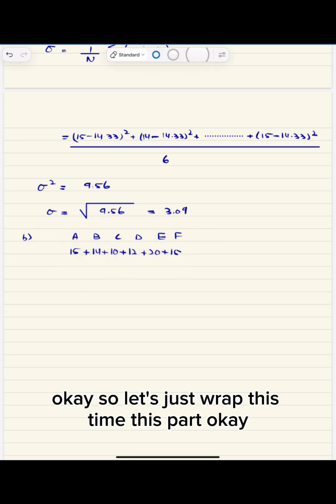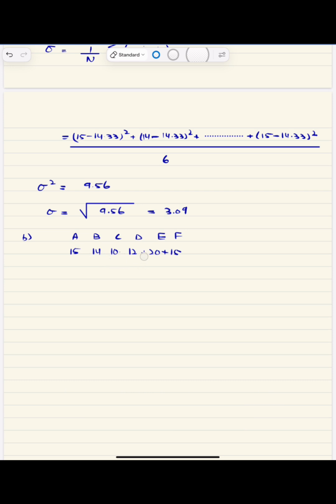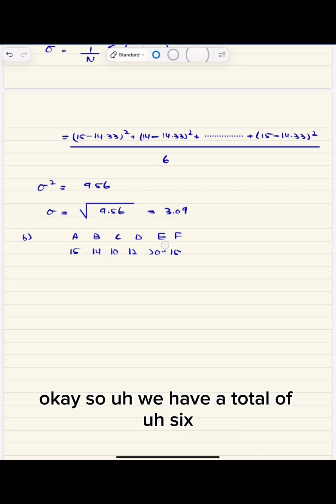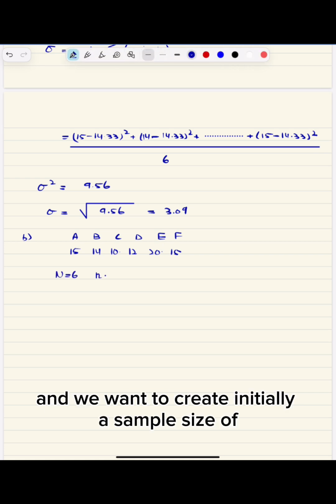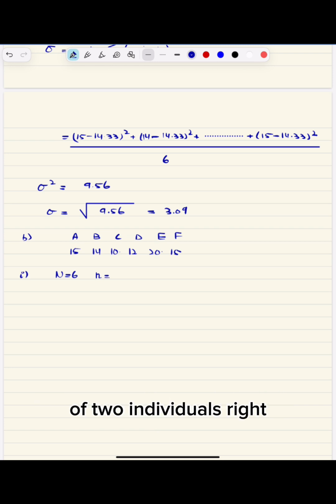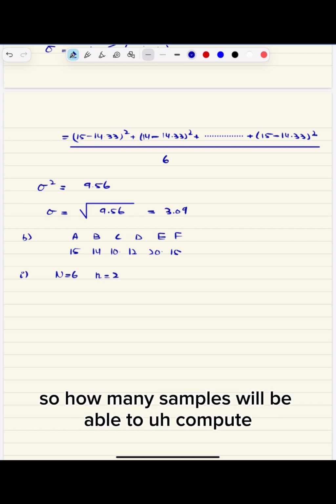So we have a total of 6, and we want to create initially a sample size of 2 individuals, right? So how many samples will we be able to compute?